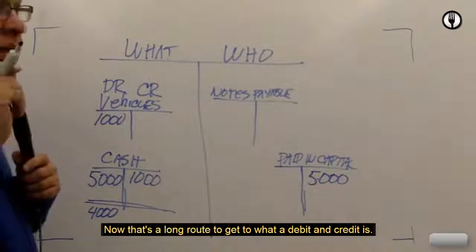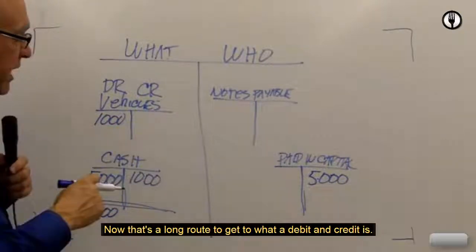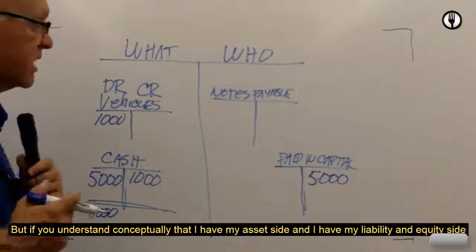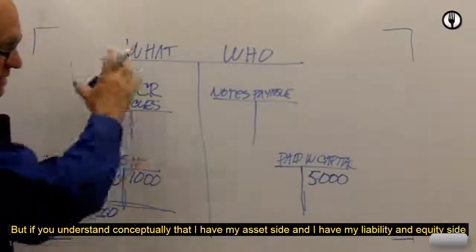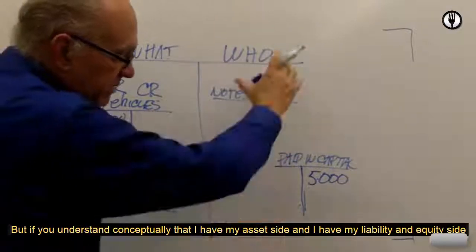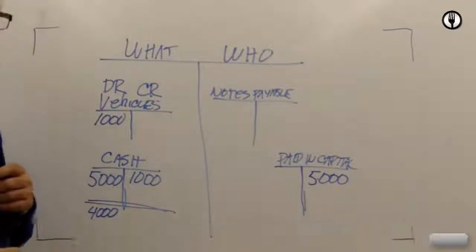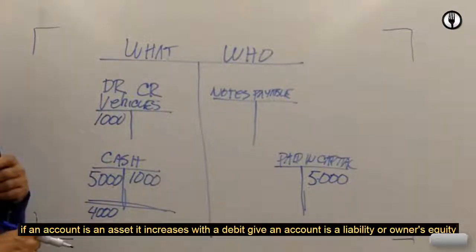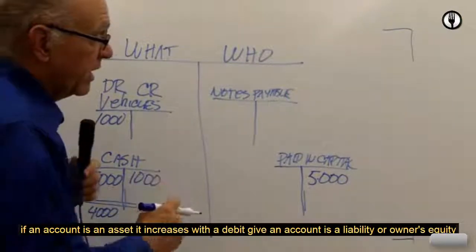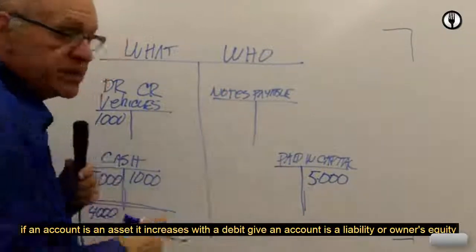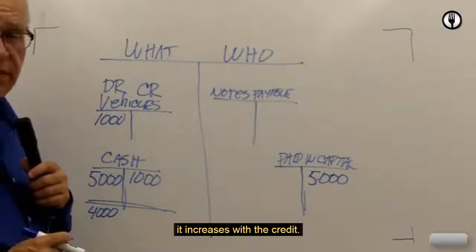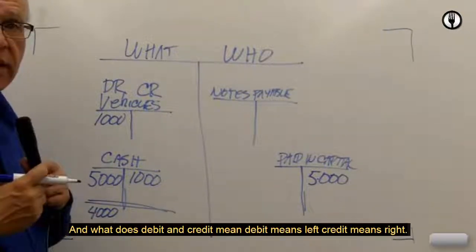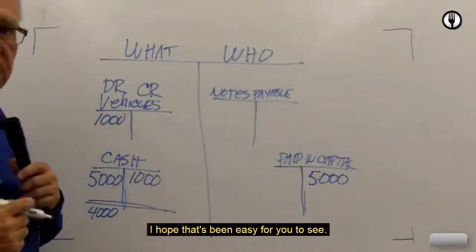Now, that's a long route to get to what a debit and credit is, but if you understand conceptually that I have my asset side and I have my liability and equity side, if an account is an asset, it increases with a debit. If an account is a liability or owner's equity, it increases with a credit. And what does debit and credit mean? Debit means left, credit means right. I hope that's been easy for you to see.